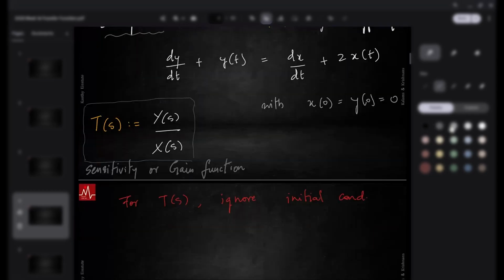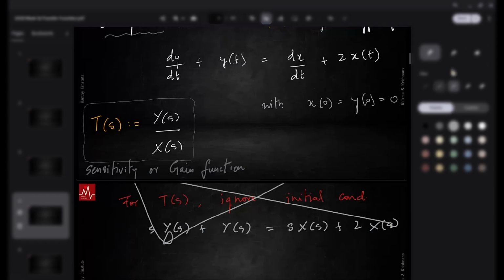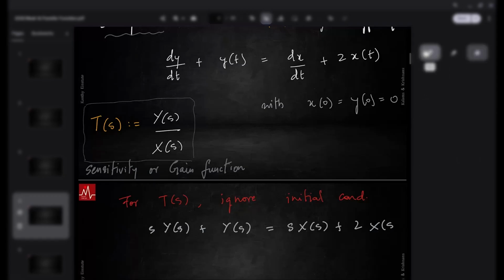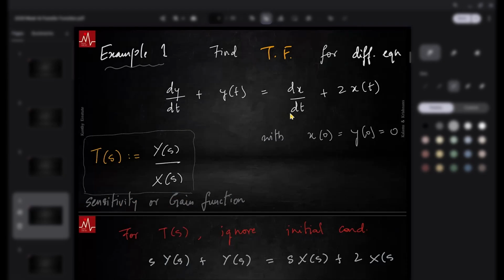So what you have here is Y(s) plus Y(s) equals sX(s) plus 2X(s). You can pull out the Y(s) common, you can pull out the X(s) common. I just took the Laplace transform of the differential equation, and I got that.